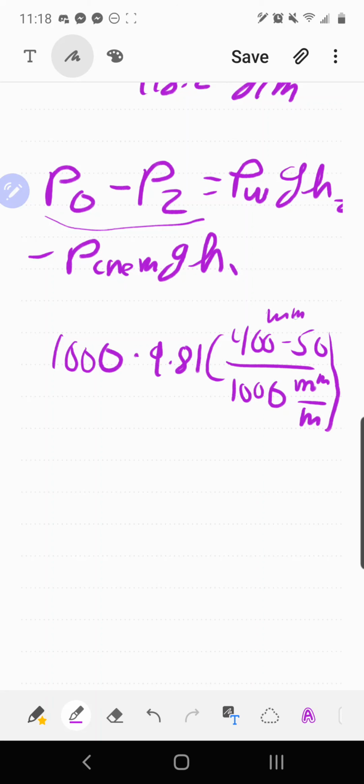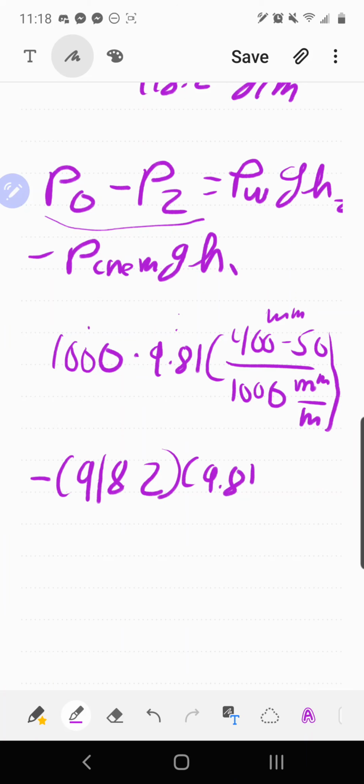So this will get us meters. Then subtract 918.2 kilograms per meter cubed times 9.81 meters per second squared times 225 divided by 1000 millimeters per meter.